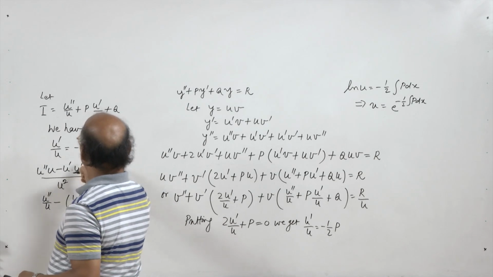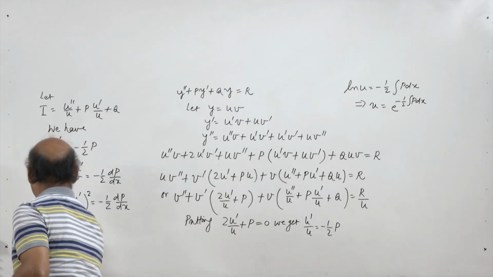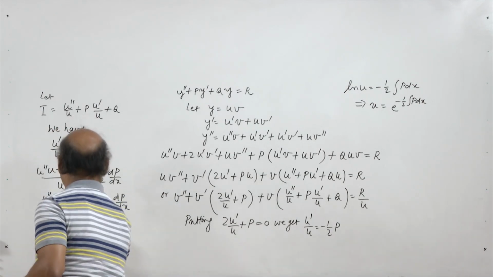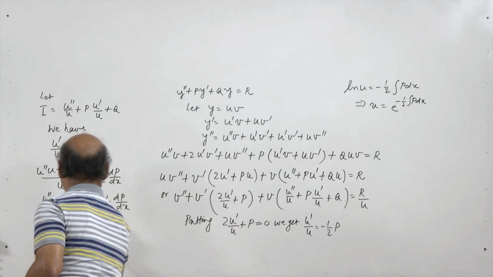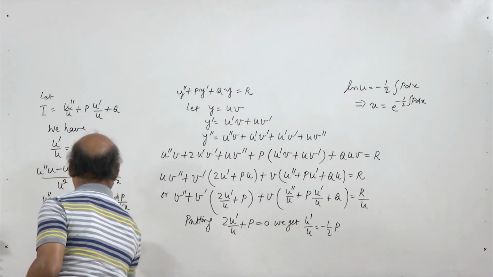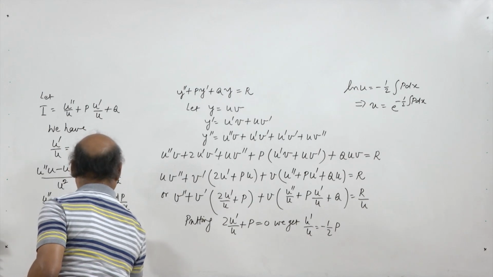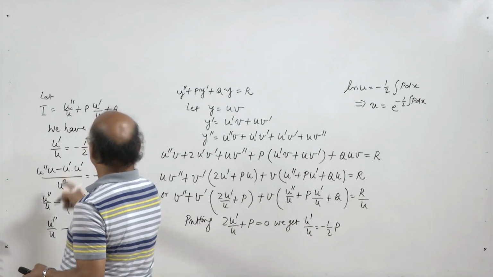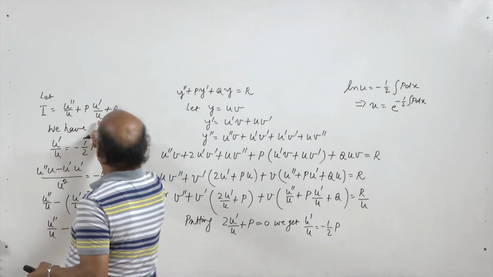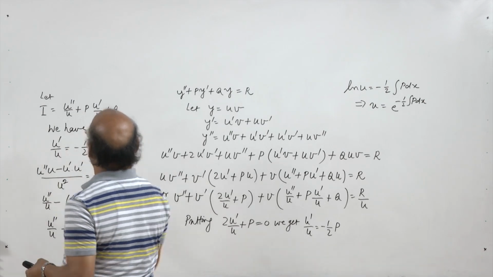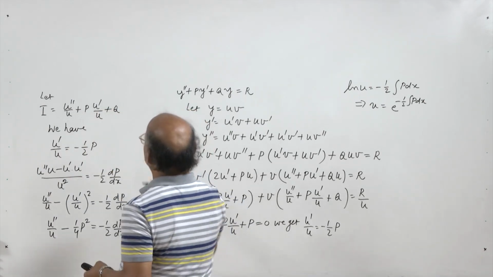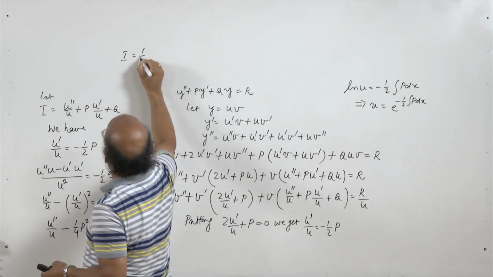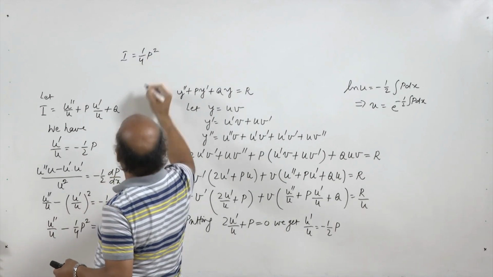Now u dash by u equal to minus half p, so putting it here, u double dash by u is equal to minus 1 by 4 p square minus half dp by dx. Let us replace the values of u double dash by u and u dash by u to find a simplified expression for I. So I will be equal to 1 by 4 p square minus half dp by dx.